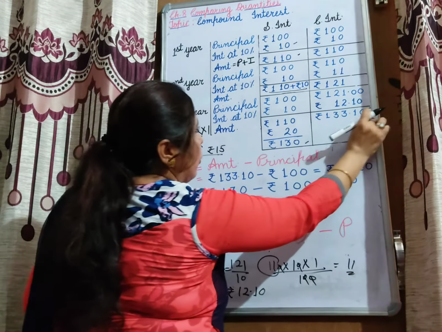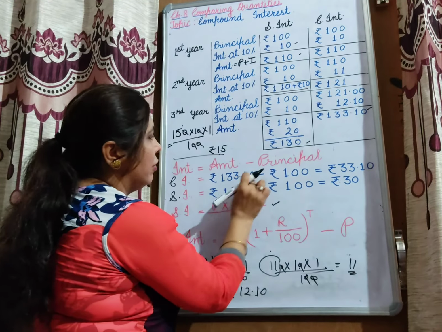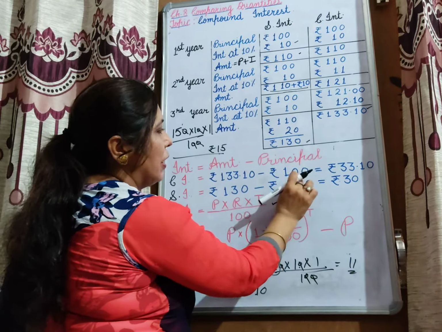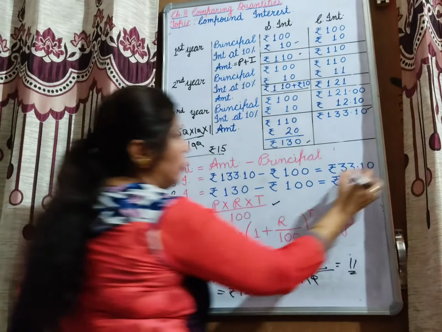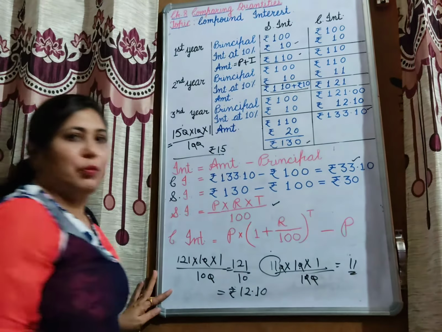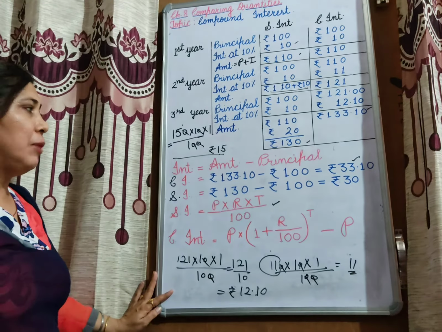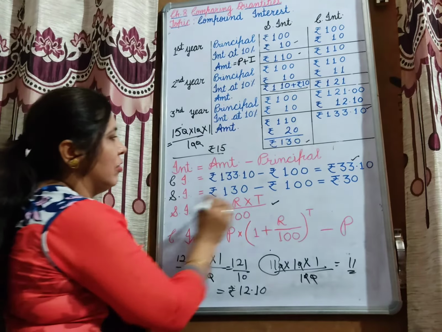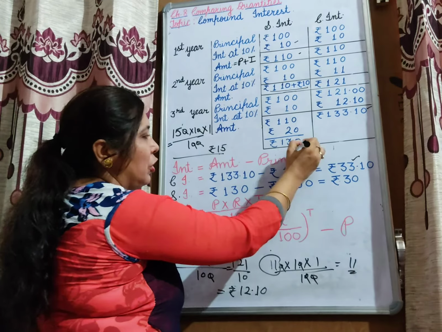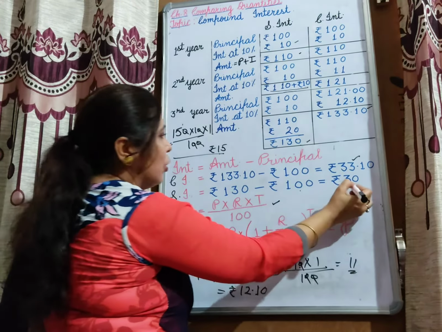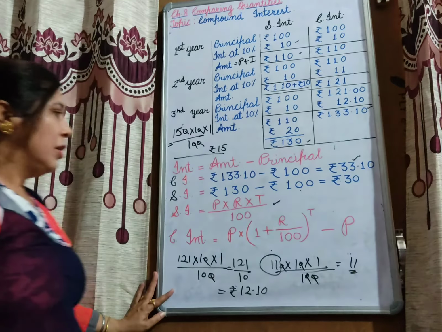Compound amount is 133 rupees 10 paise and principal is rupees 100. So the interest will be 33 rupees 10 paise. And for simple interest, the amount is 130 rupees, principal is 100, so interest will be equal to rupees 30.